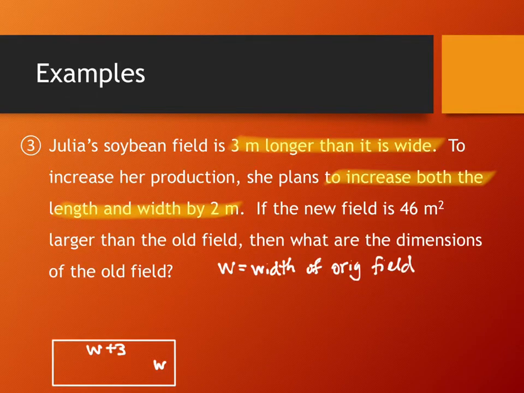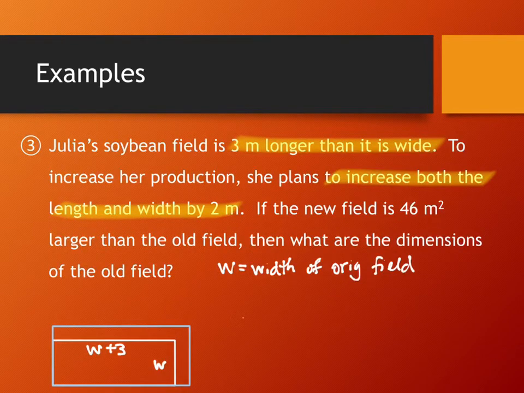Now I'm making my field bigger. Okay? So I need the same rectangle I already had before, but it's going to be longer and wider than it was before. So let me actually just draw a rectangle sort of superimposed on top of this that's a little bit longer and a little bit wider than it was before. So this original length right here was W plus 3.